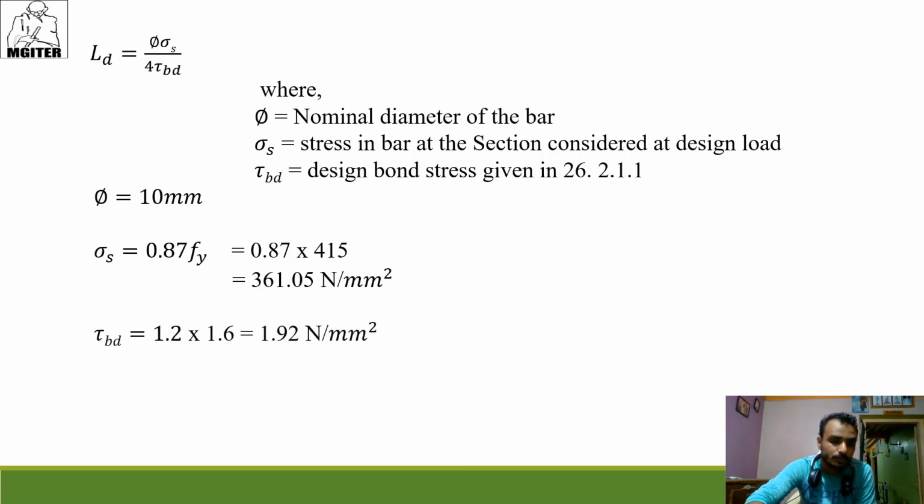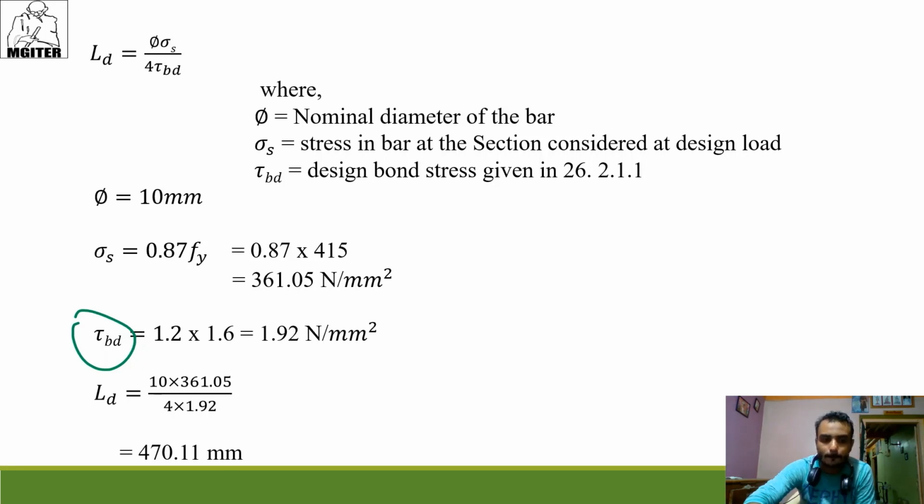Tau bd is 1.2 into 1.6, which is 1.92 Newton per mm square. If you don't know how to find this value for tau bd, you can check my video which shows how to find development length. Ld is 10 into 136, so our Ld is 470.11 mm.